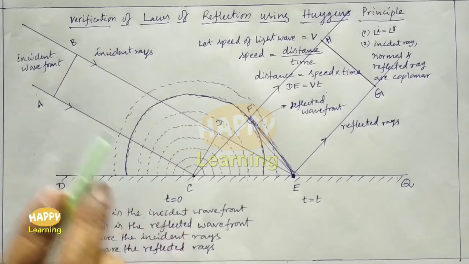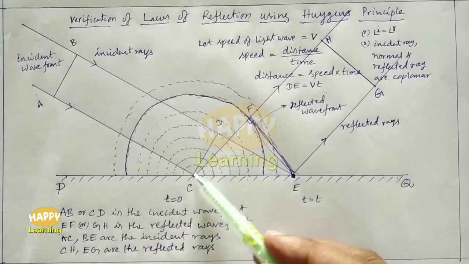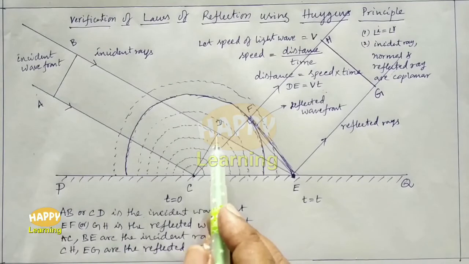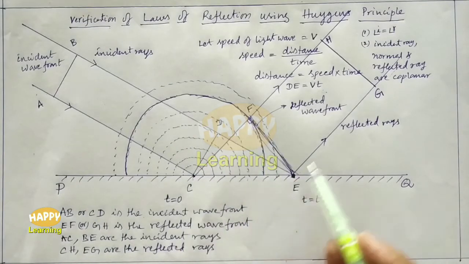Okay, this is incident ray, this is incident ray, this is one reflected ray, this is one reflected ray, this is the incident wavefront, this is also incident wavefront, this is reflected wavefront, this is reflected wavefront.